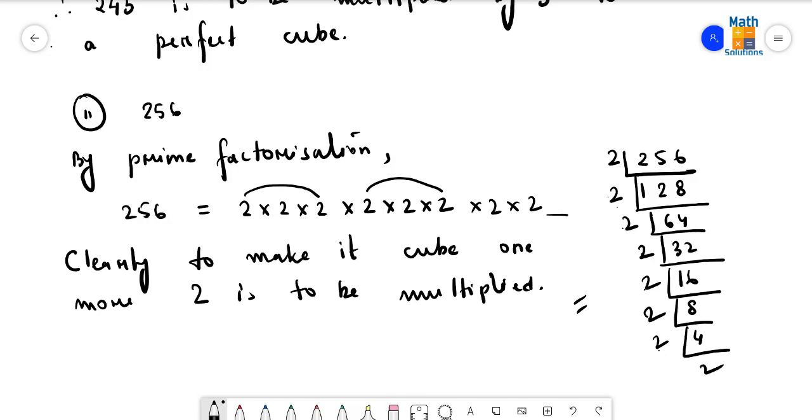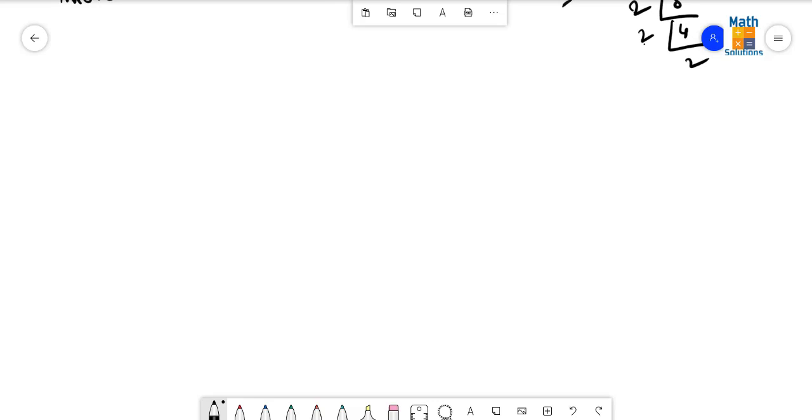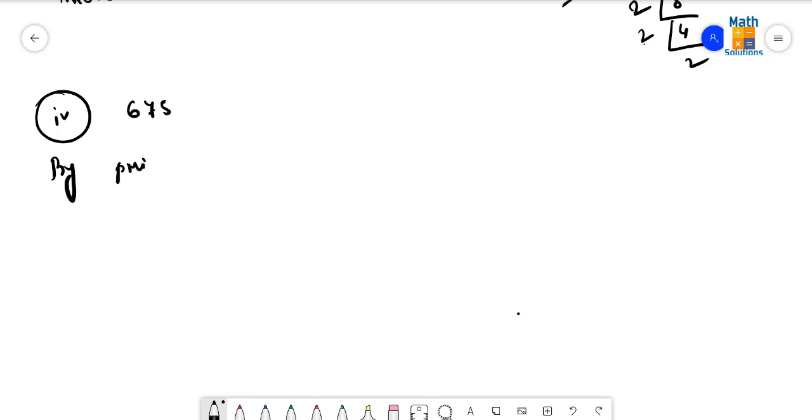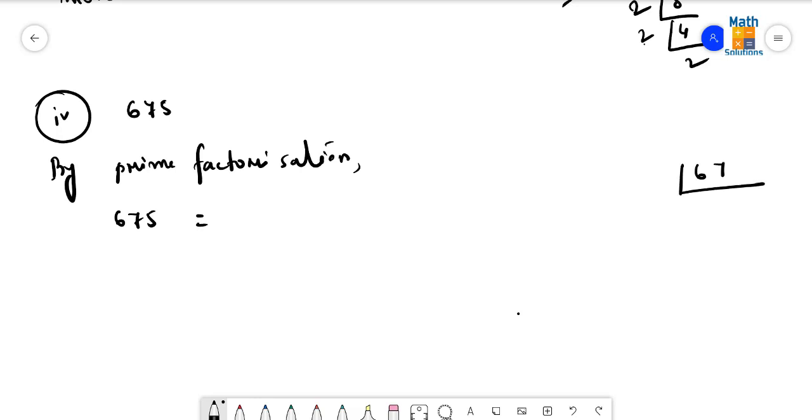Similarly, I shall come to another one. Roman 4 I am picking up. This is 675. By prime factorization, what did I get? 675, is it divisible by 3?